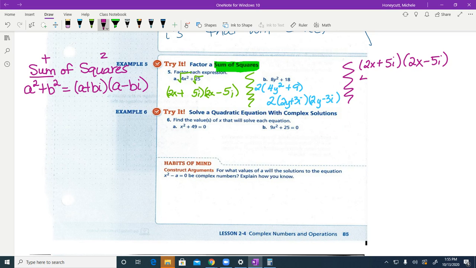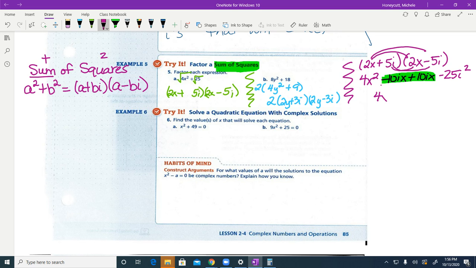2x times 2x is 4x squared. 2x times 5i is minus 10ix. 5i times 2x is plus 10ix, and 5i times negative 5i is minus 25i squared. And then if you notice, whenever we multiply this out, I get two terms that cancel each other out again.